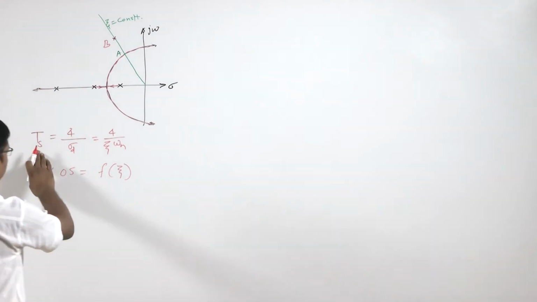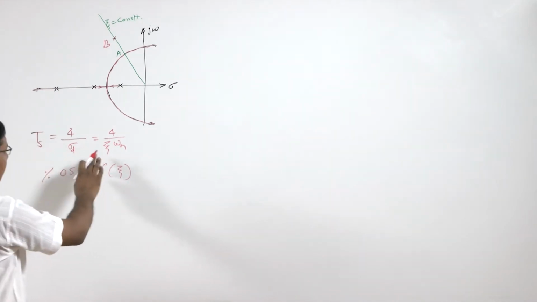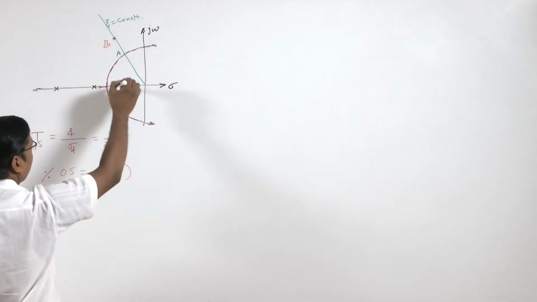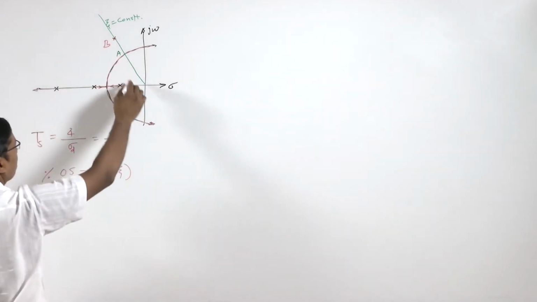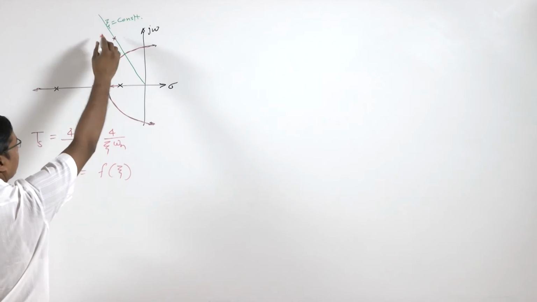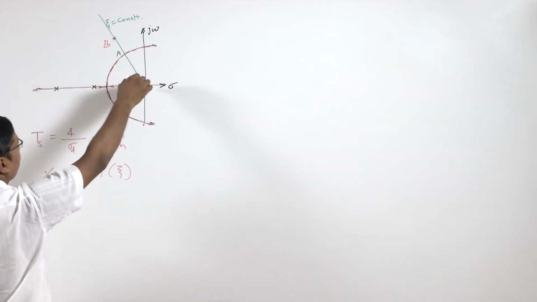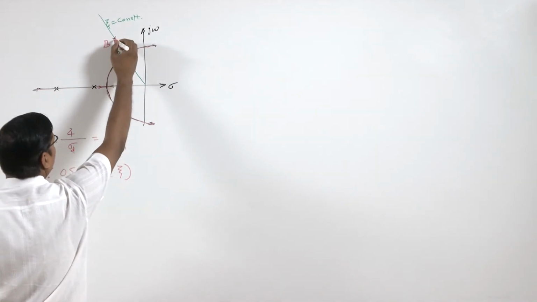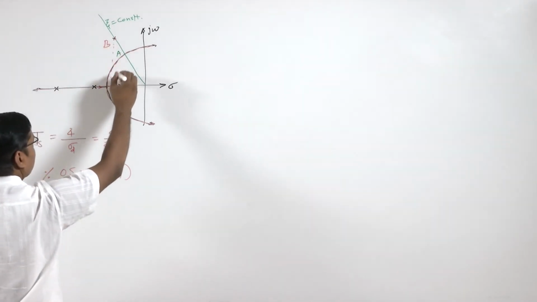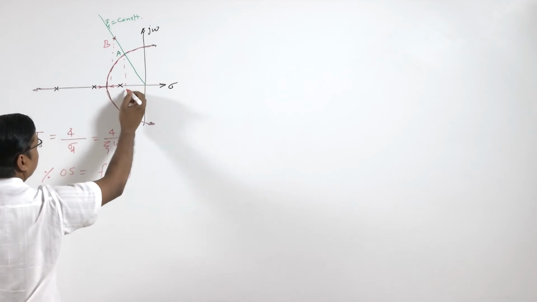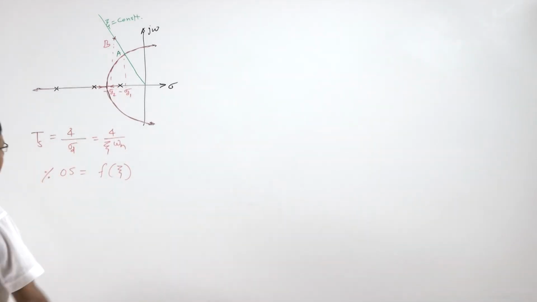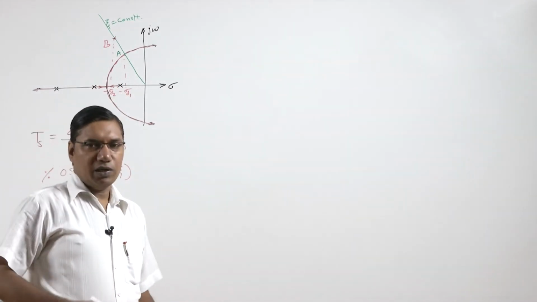So, for this point B, our objective is that we want to speed up the response, which means the settling time is less, because if we go to B, we have the same percentage overshoot because we have the constant overshoot line or damping line, but we have more sigma d. So, if this is sigma d 1 and this is sigma d 2, then sigma d 2 is greater than sigma d 1.